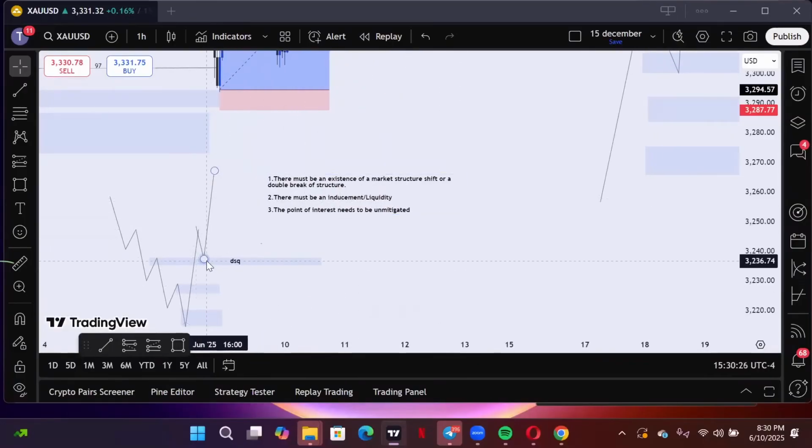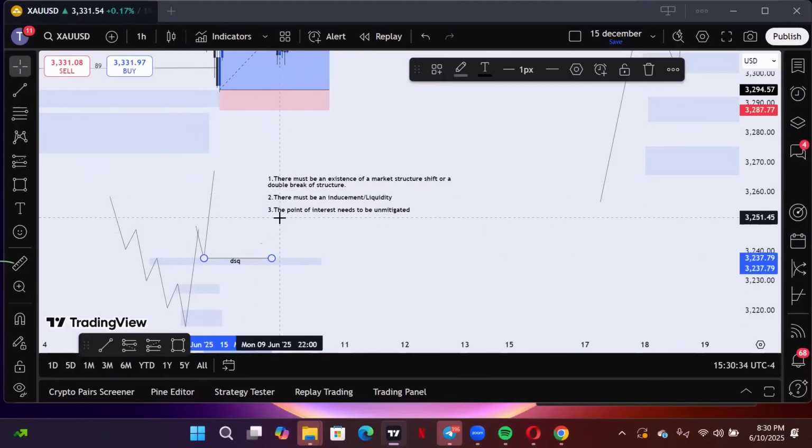The pullback here gave us our inducement. Now, third rule, the point of interest needs to be unmitigated. It means that any point of interest that market touched or went deep inside while market was creating inducement, you have to also disqualify that point of interest. You can no longer use that point of interest as an entry.